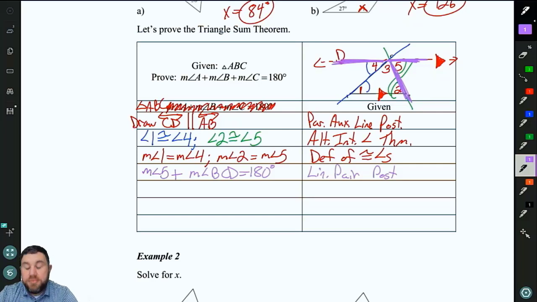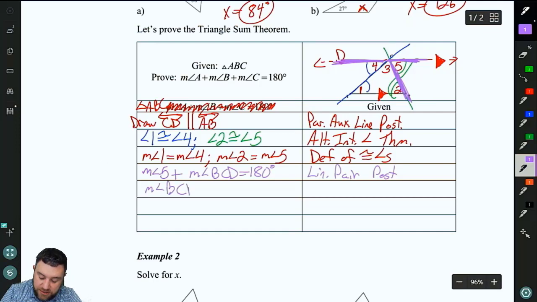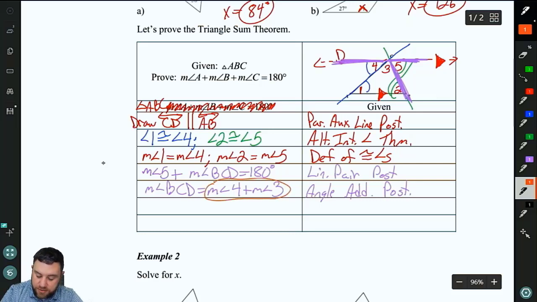But we also know that angles 3 and 4 add up to give us angle BCD. So the measure of angle BCD is equal to the measure of angle 4 plus the measure of angle 3. And that's the angle addition postulate. So we can take these 2 and replace BCD with that.